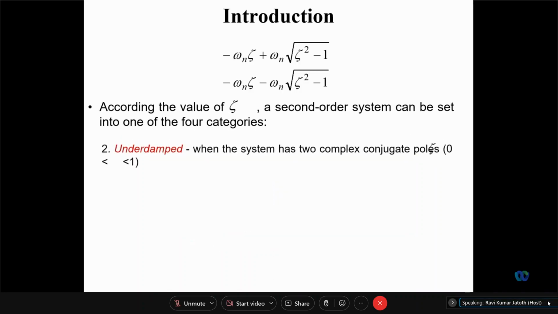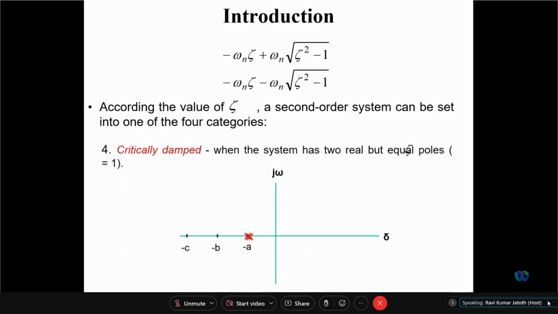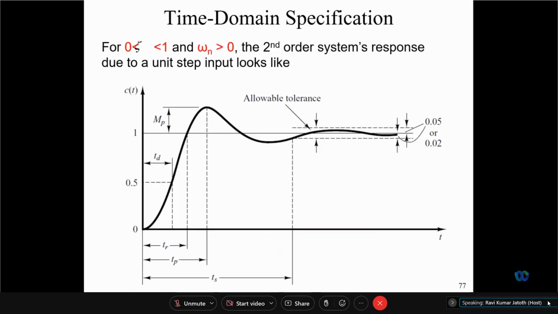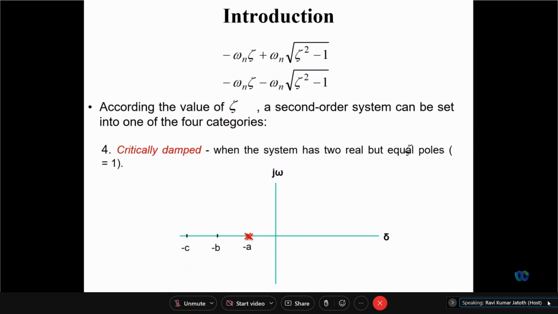So overdamped, underdamped, where the roots are complex conjugate, and undamped means the pole lies on the imaginary axis. Critically damped, the roots are real roots and lie on the real axis. Okay, right.